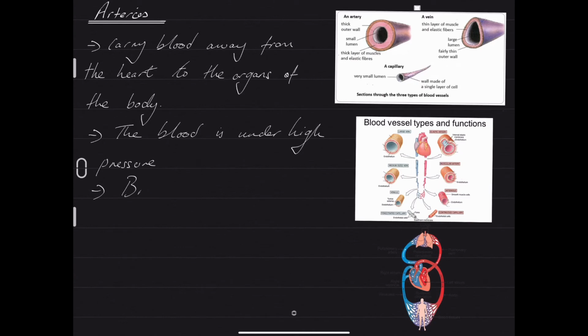It is bright red due to being oxygenated. Okay, so arteries carry blood away from the heart to the organs of the body, to the rest of the body. The blood is under high pressure, bright red due to being oxygenated.